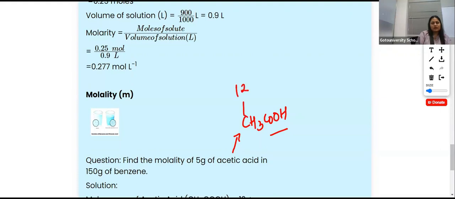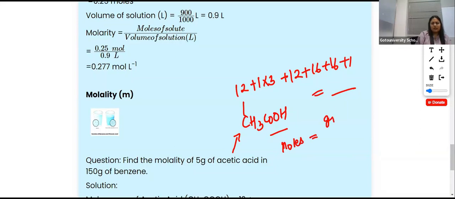Atomic mass for carbon is 12. Hydrogen is 1. How many hydrogens are there? 3. And carbon, and then oxygen, that is 16. Again oxygen 16. Hydrogen 1. Calculate the molecular mass. Then calculate the moles present. How are you going to calculate the moles?